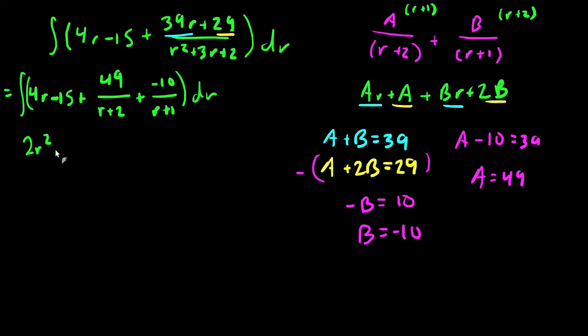The antiderivative of negative 15 is minus 15r. The antiderivative of 49 over r plus 2 is 49 natural log of the absolute value of r plus 2. The antiderivative of negative 10 over r plus 1 is minus 10 natural log of the absolute value of r plus 1 plus c.